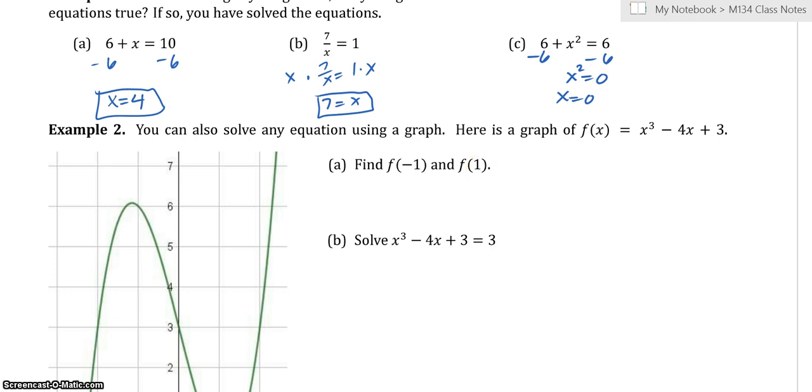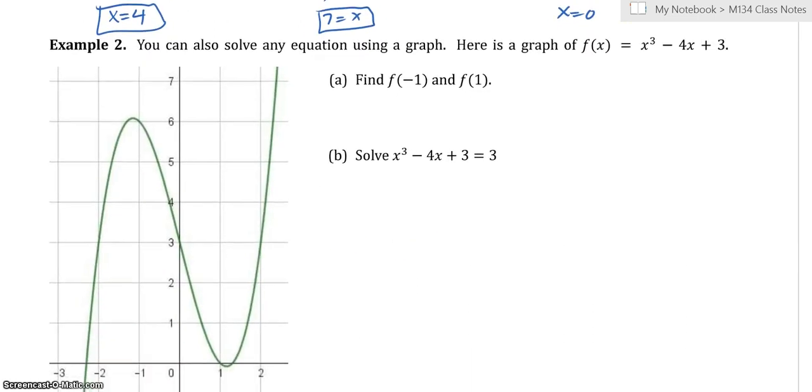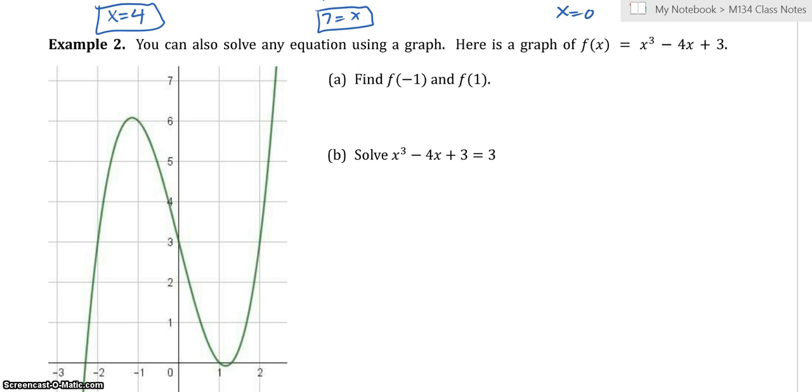But for part A, let's just review what we did in the last section. What is f of negative 1? If you remember, negative 1 would mean the input. And let's call that x. Let's call this f of x. And this would mean the x right here. So it would be when the x is negative 1.